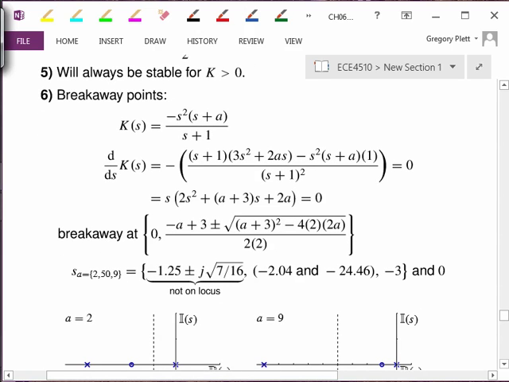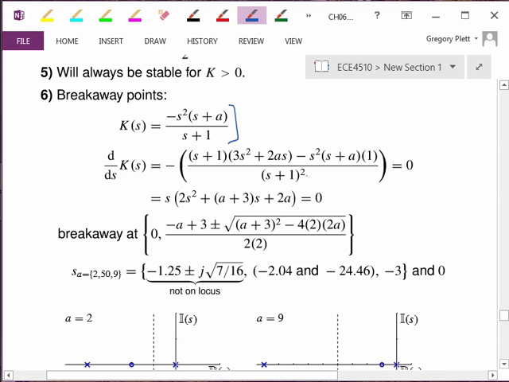So what we have is k of s equals minus 1 over g of s. And we take the derivative of k of s with respect to s. Again, it's going to be the denominator times the derivative of the numerator, minus the numerator times the derivative of the denominator, all over the denominator squared, equal to 0.